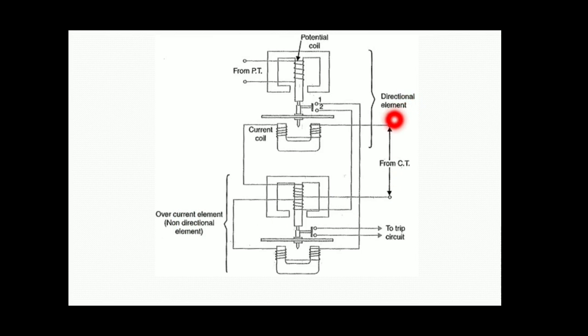The directional element construction and working will be the same as that of an induction type directional power relay. In that, we have three parts: the upper magnet, the lower magnet and the disc. The disc will be rotated when the direction of a generator or motor is changed.